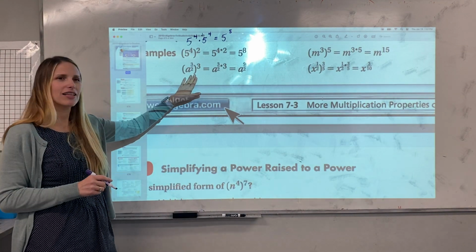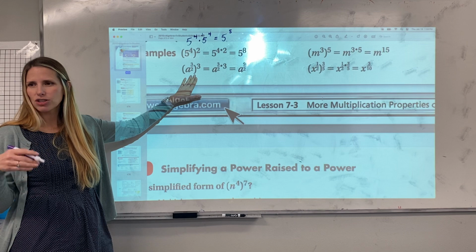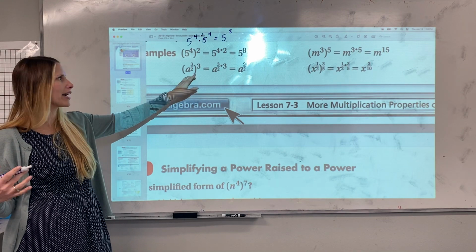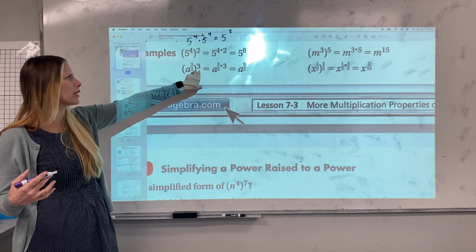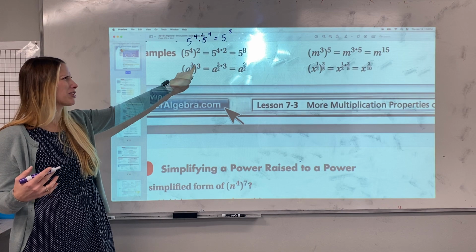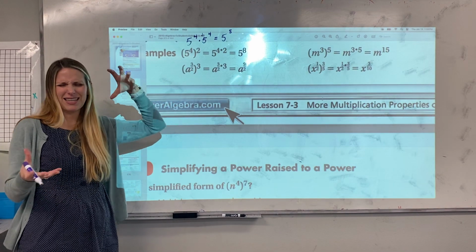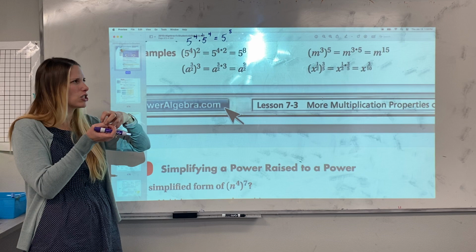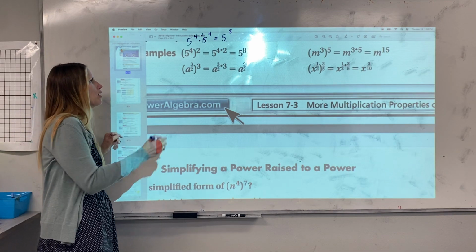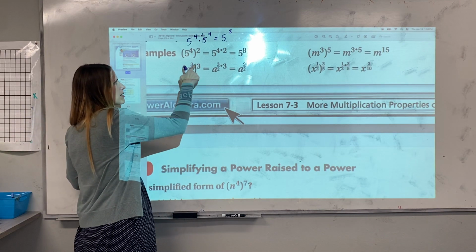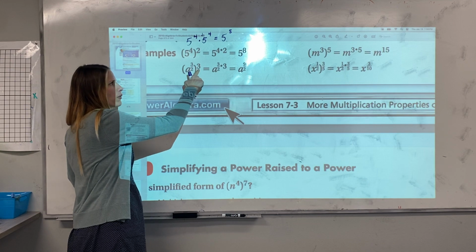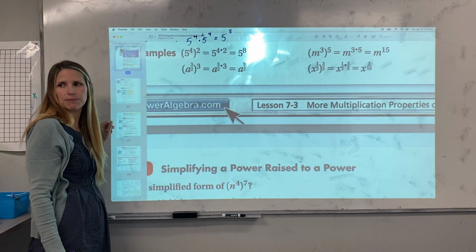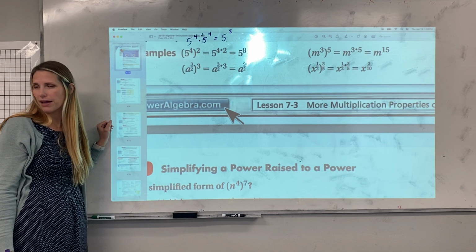Oh, look, ugly little rational exponents. Rational meaning fraction exponents. And it looks weird because this 3 is bigger than this 3 over 2, but it's because they had to squeeze the numbers down to get it into a rational exponent. If this is being raised to the 3rd power, what do we do with the exponents? Multiply them.